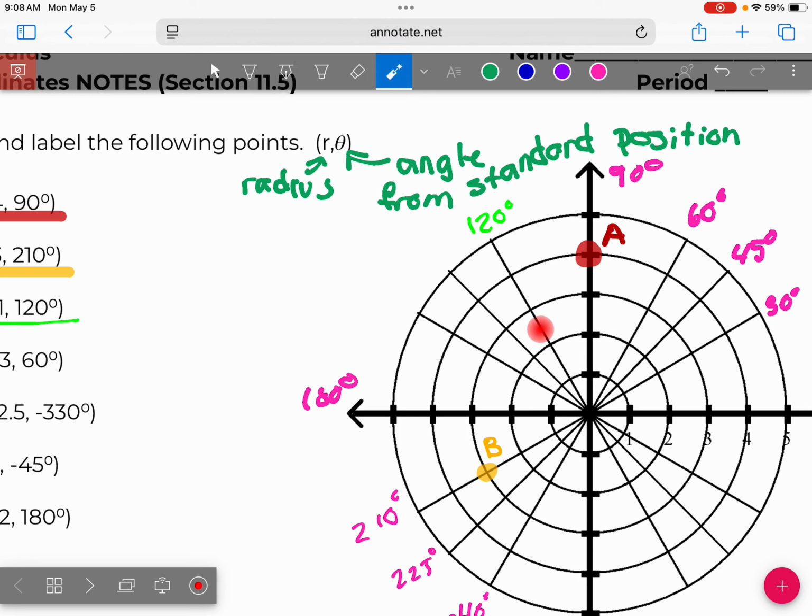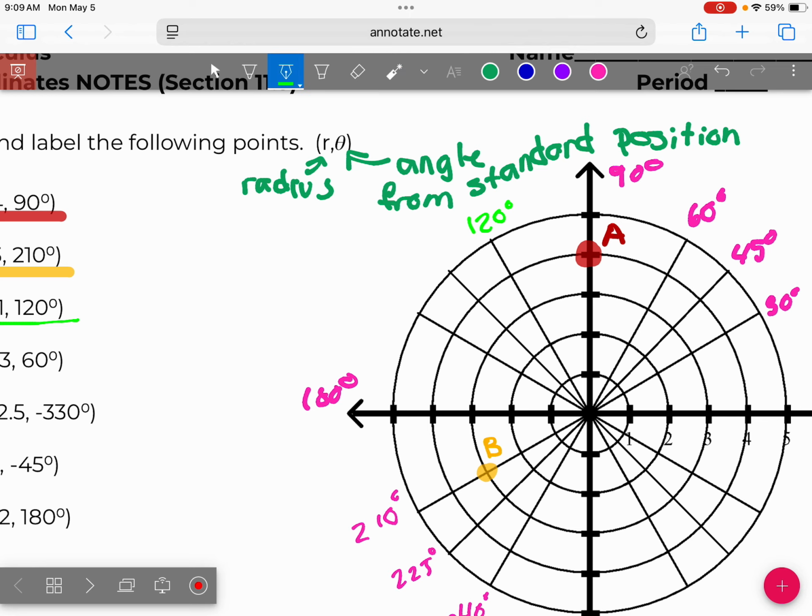If we were on 120, it would be somewhere on this line. We go radius of 1, 2, 3, 4. If I want a radius of -1, it comes back this way. It follows through like a line, just like I could have -3 or -4. I can go either direction on it.